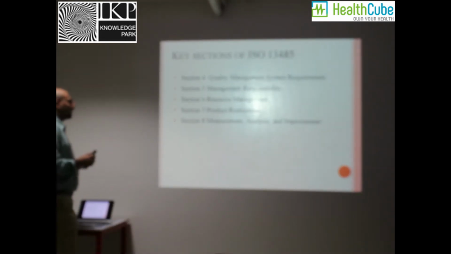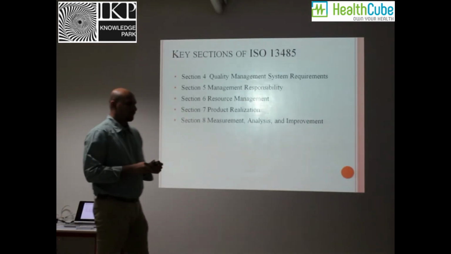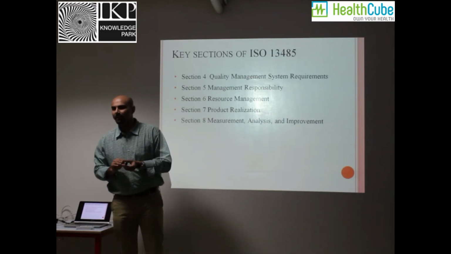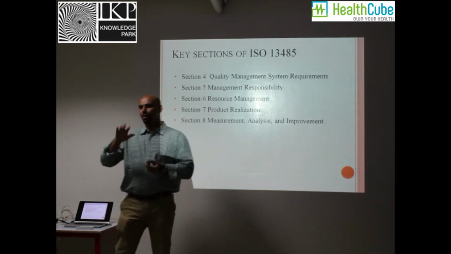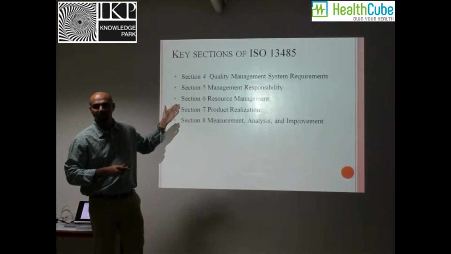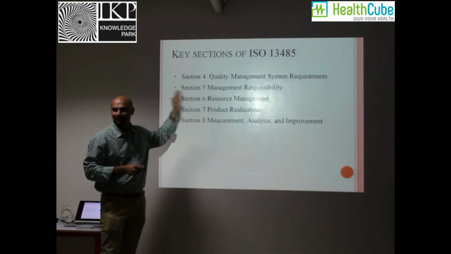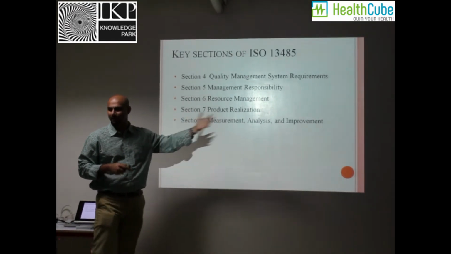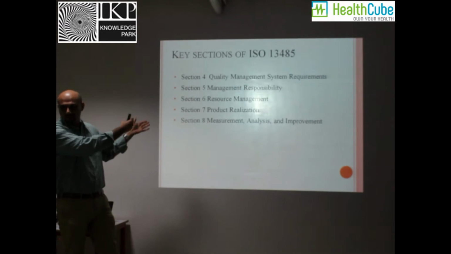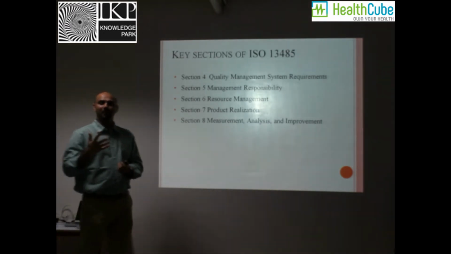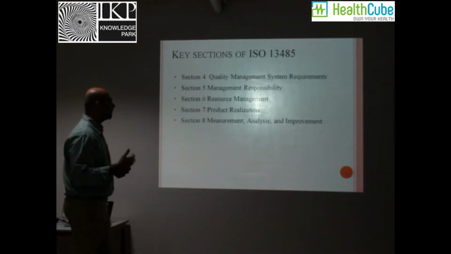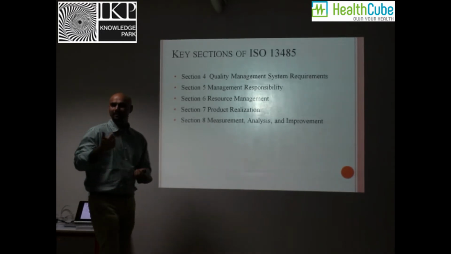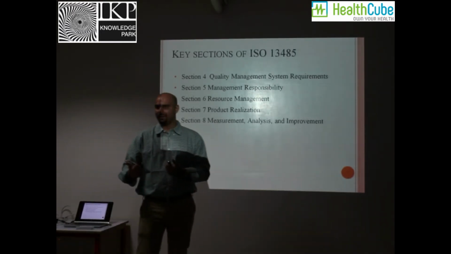Okay. Talking about 13485, there are 8 different sections in the entire standard. Of the 8, I'm going to focus on 5 because this is what is going to be important for you as a company, right? So the 5 key sections of 13485 are, it starts with section 4, the General Quality Management System Requirements.